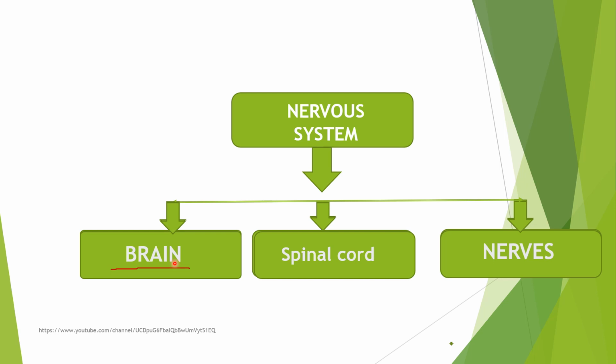The brain is protected by the skull, so it receives messages and gives instructions to the body parts. In today's class we are going to learn about the spinal cord.